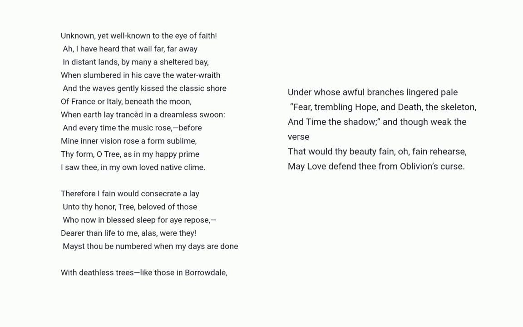The poetess describes this situation as the time when the water wraith, কবিতাতেই আছে এই শব্দটা, water wraith.